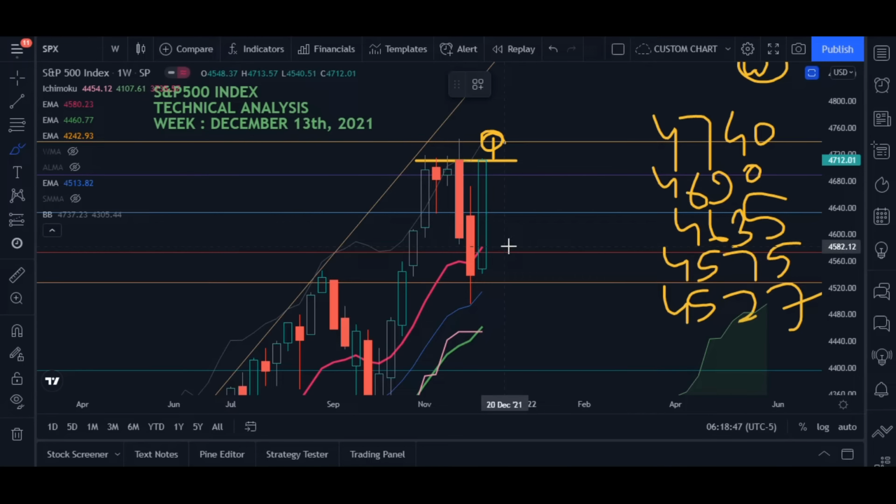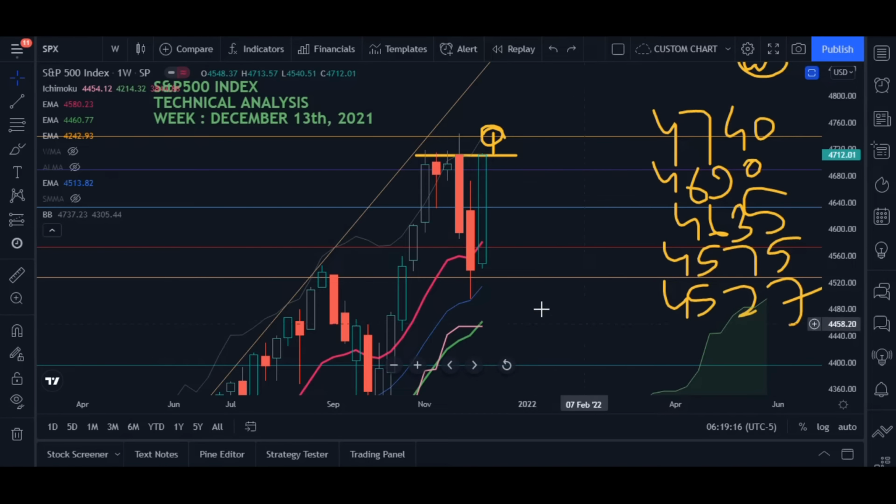Until you see that the market has closed below all of these moving averages, or there is some kind of crossover, it is not bearish. Even if there is no crossover, if market closes below all of these moving averages, it will be considered as bearish. As of now, through moving averages, there is a clear fan out. It is a bull trend, a bull market. Through Ichimoku, which is far away, it is also bullish.